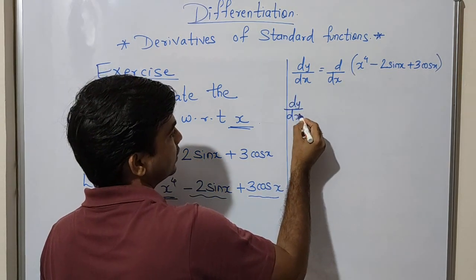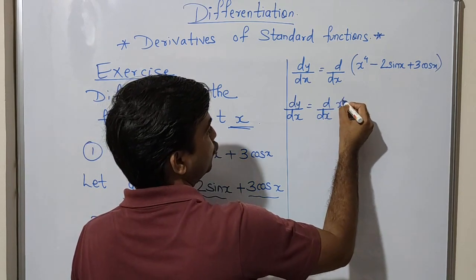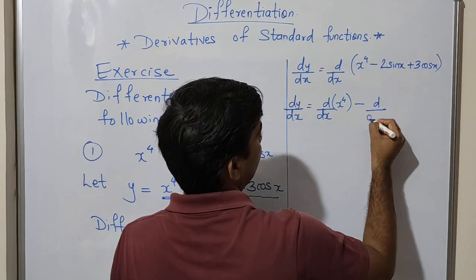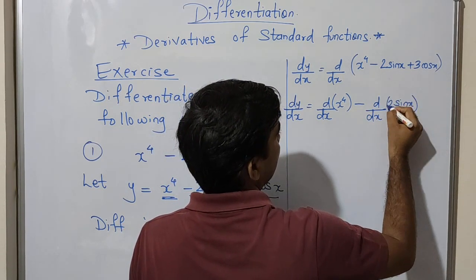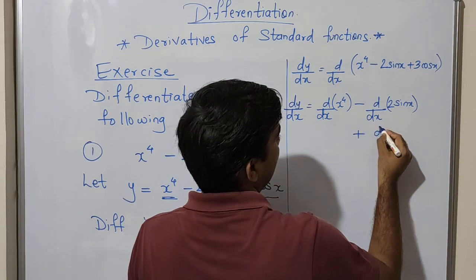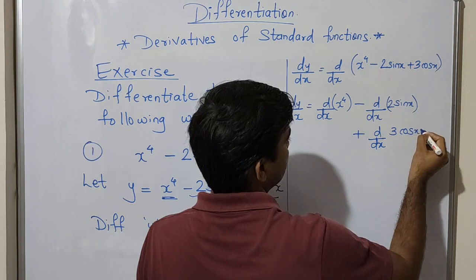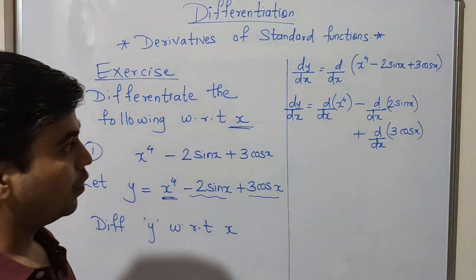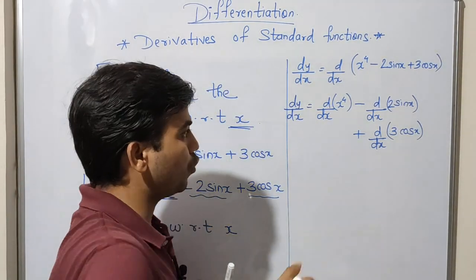dy by dx is derivative of x raised to 4 minus derivative of 2 sin x plus derivative of 3 cos x. Now before you differentiate, focus over here.